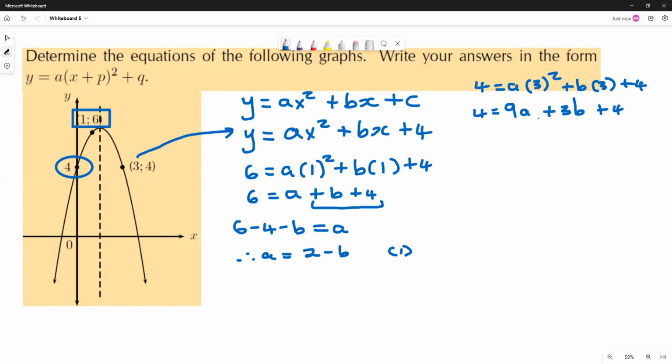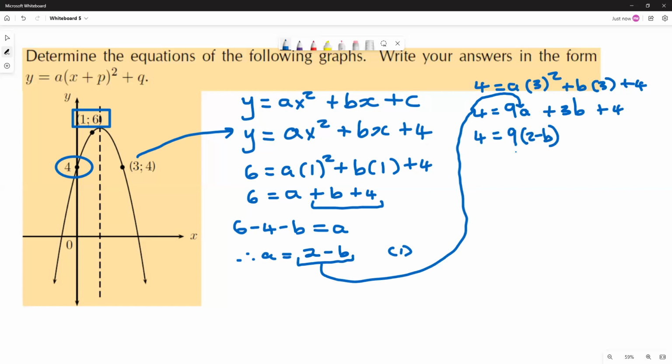Now I'm going to substitute a into that function because a equals 2 minus b. So let's rewrite this. We have 4 equals 9, where I see a, I put 2 minus b, plus 3b plus 4.